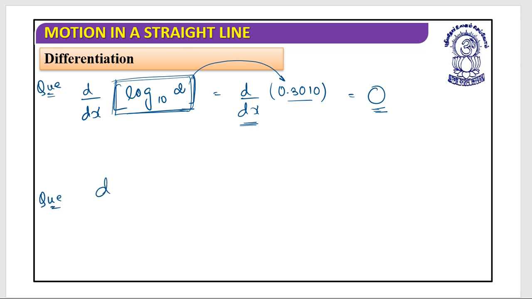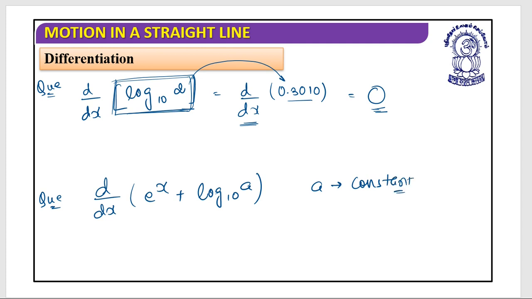Yes. Let's look at this one. d by dx of e to the power x plus log a to the base 10, where they have given that a is a constant. So this would look like d by dx of e to the power x plus d by dx of log a to the base 10.